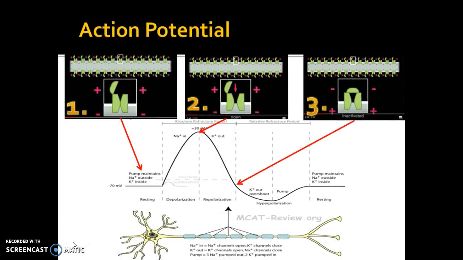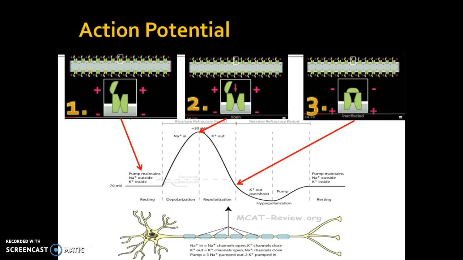Action potential is the process by which an impulse travels along a myelinated nerve. Sodium is outside the nerve cells and potassium is inside the nerve cells, and the channels which allow active transport to happen are closed. This is what's happening in diagram number 1.